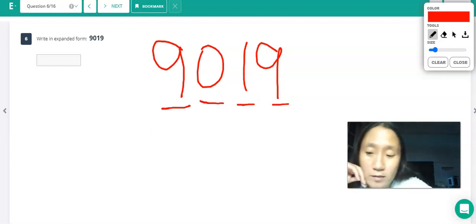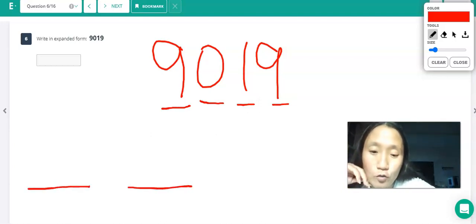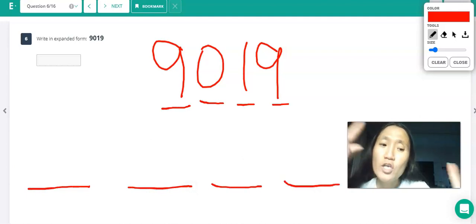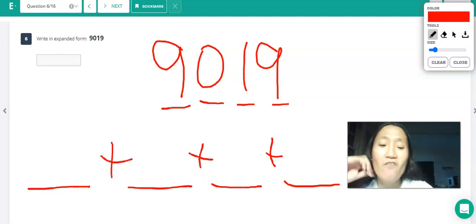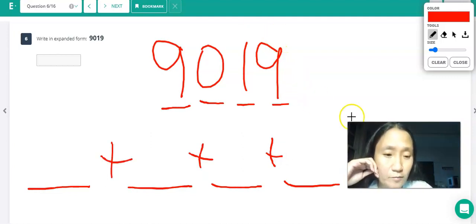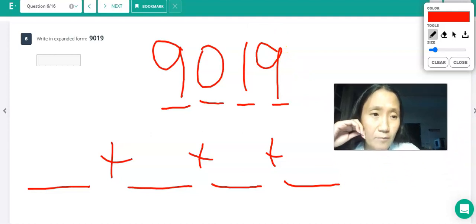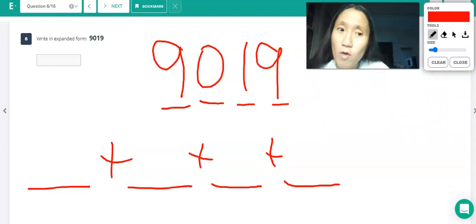You need to have 4 place values for this, because if you don't, you won't have enough.